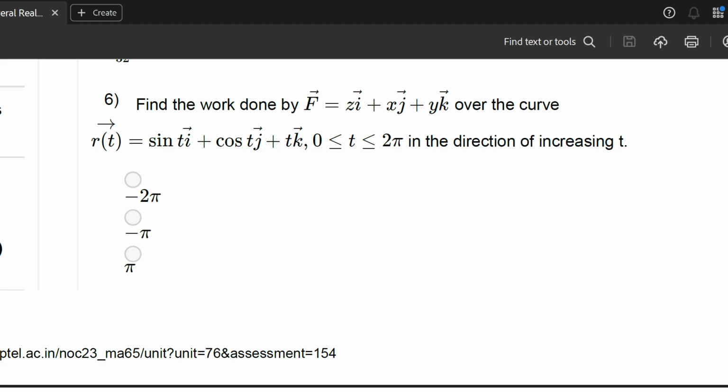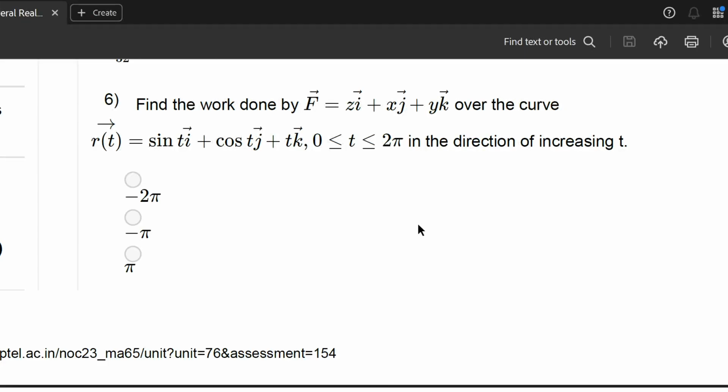So work done by F over some curve. Here, the integral of F dot dr will give you the answer, but you have to do parameterization because the curve is given in terms of a parameter. T is my parameter, so you have to write it in parametric form.